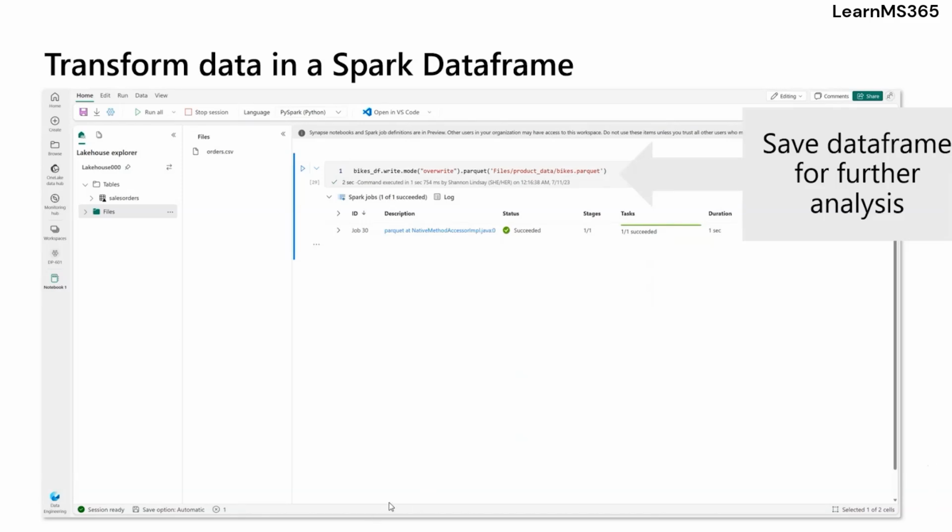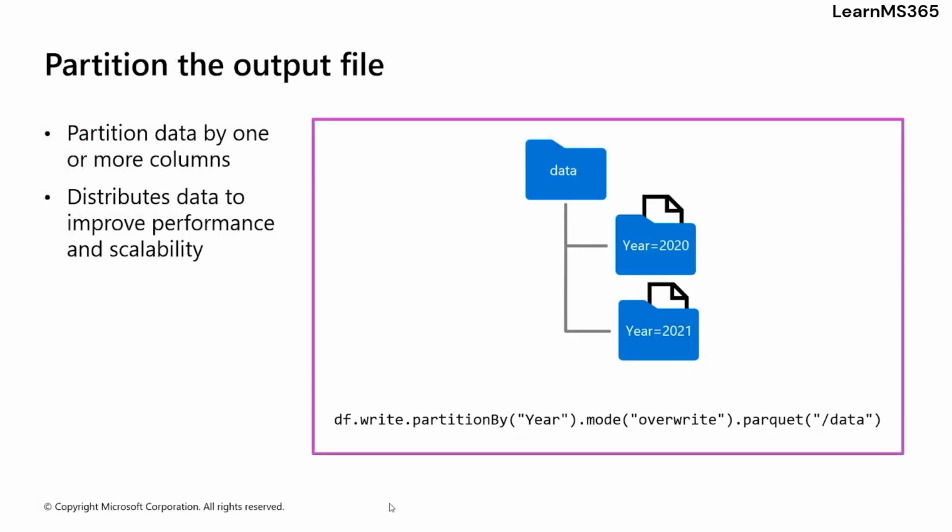Now let's move ahead and look into the partitioning. So how can we partition the output file? So partitioning is an optimization technique. It enables Spark to maximize the performance across the worker nodes, and more performance gains can be achieved when filtering the data in queries by eliminating unnecessary disk I/O.